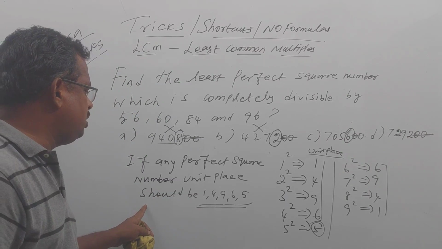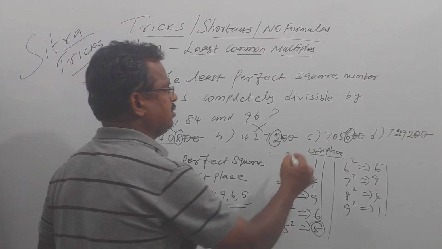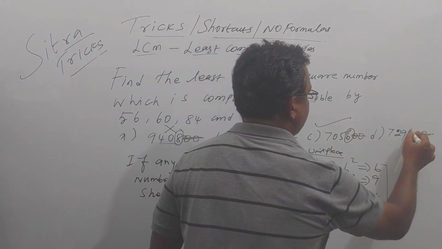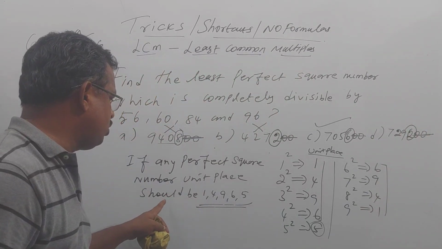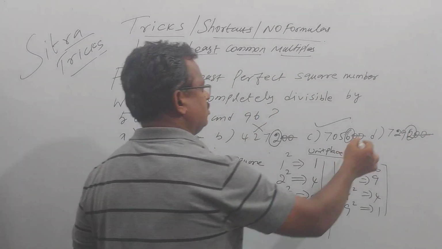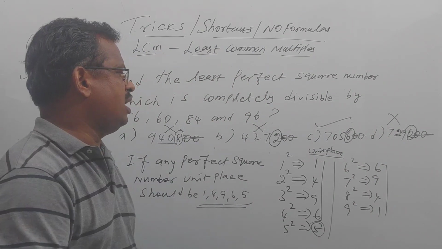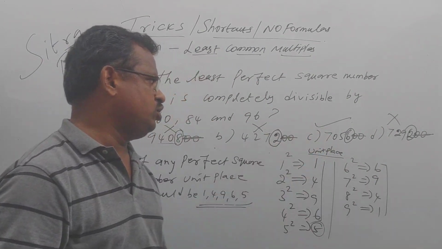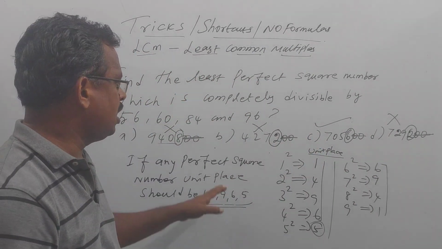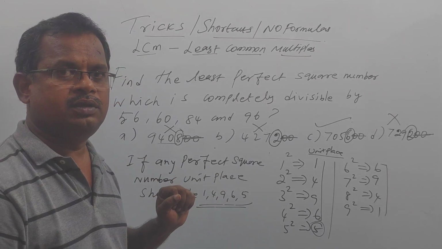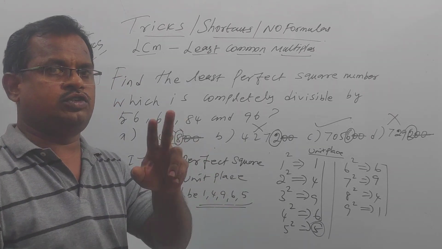Any perfect square with unit place 6? Yes, this is the answer. Here 2 again, no. So the answer is 705600. Are you clear? This is the shortcut within 2 seconds.